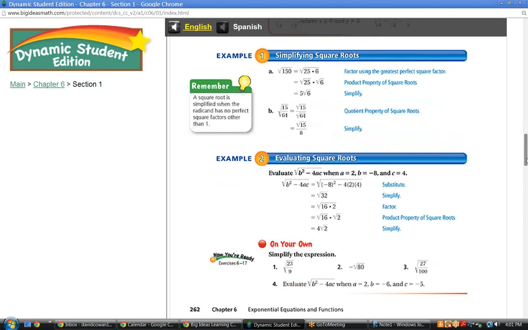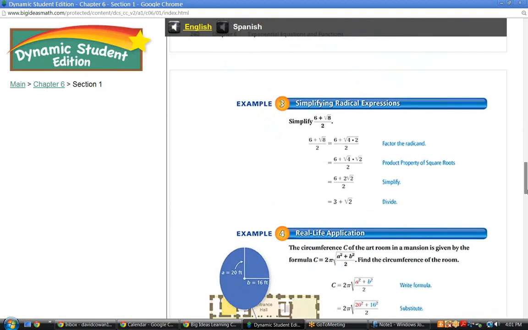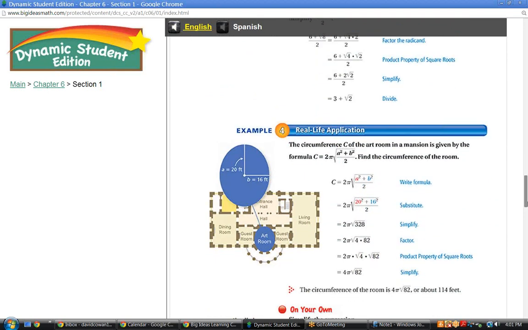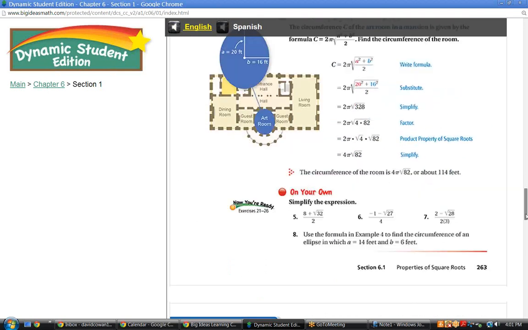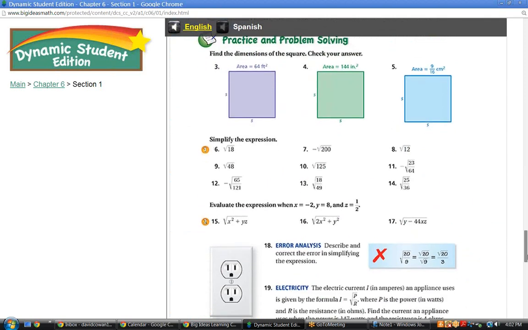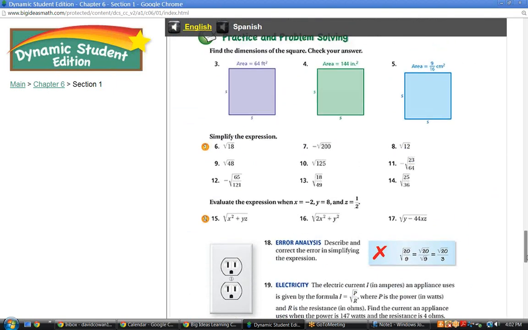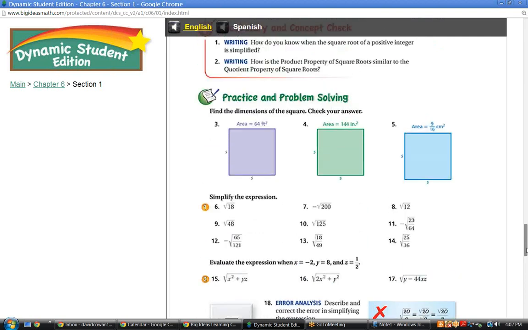Well, this is radicals, not exponents. Well, let's do these anyway. This is all kind of similar. How about 3?